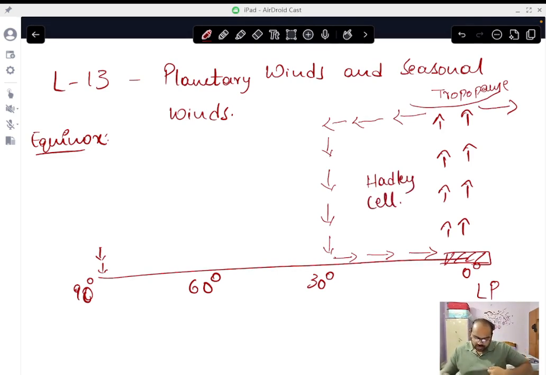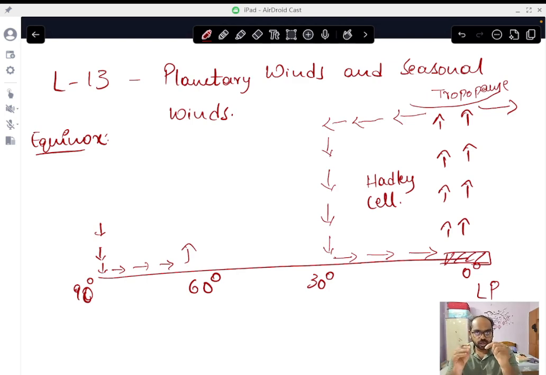Next, if you look at the polar region, air descends down. After hitting the surface, this cold air travels towards the subpolar region. After reaching the subpolar region, the air rises up. Why? Comparatively, the subpolar region will be hotter compared to the polar region.